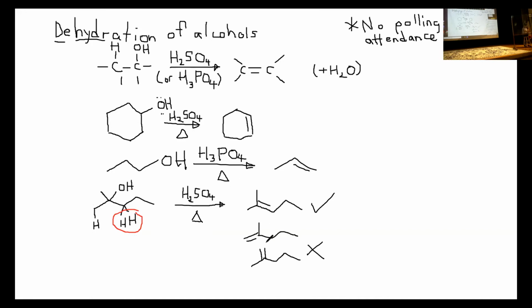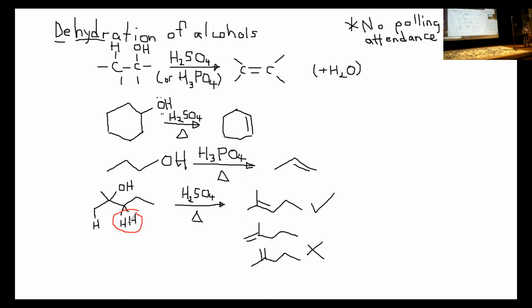And if there are multiple possible products, because there are multiple types of adjacent hydrogens, the one you'd expect to be the major product will be the most substituted of all possible alkenes. And if you're not sure what that is, then draw them all out. Look at them all and then make your decision. And I think you'll agree this is the one that's the most substituted. So we can be confident that that's going to be the major product.